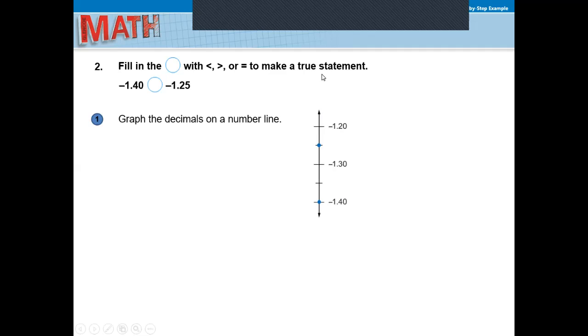The higher you go on a vertical number line, the greater the number. The lower you go, the less the number. Since -1 and 40/100 is below -1 and 25/100, -1 and 40/100 is less than -1 and 25/100.